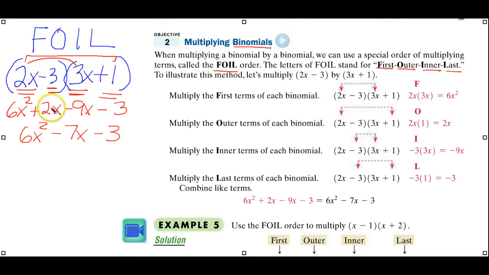Now this is crucial to master because, again, as I say later in this chapter, we're going to take this trinomial and we want to put it into its binomial factored form. And we do that by, in a sense, undoing what we've done, and then we always check it by the FOIL. Now this is going to be critical, and you might say, why? Well, I'll give you a little hint.